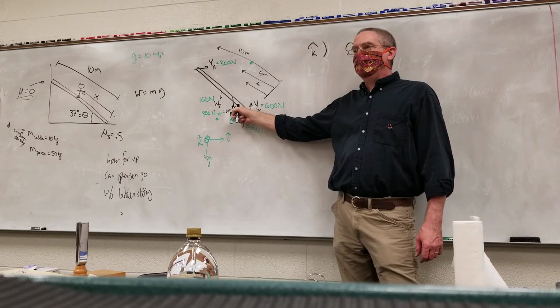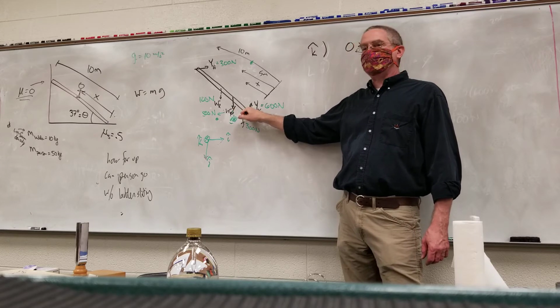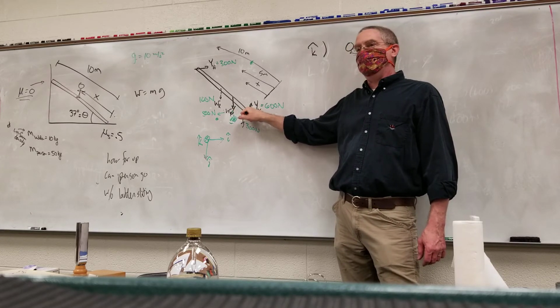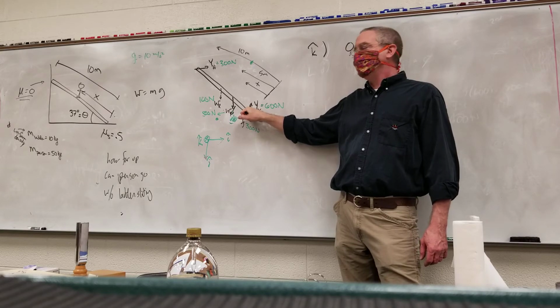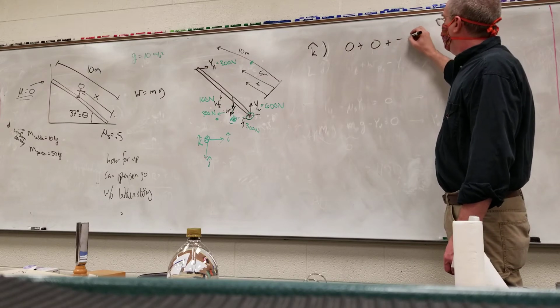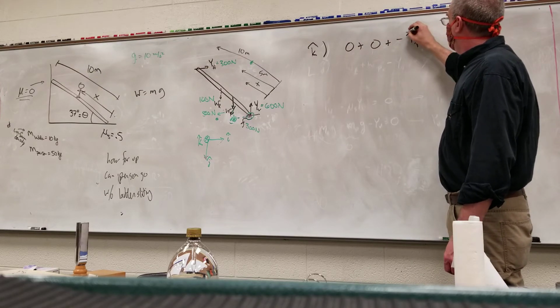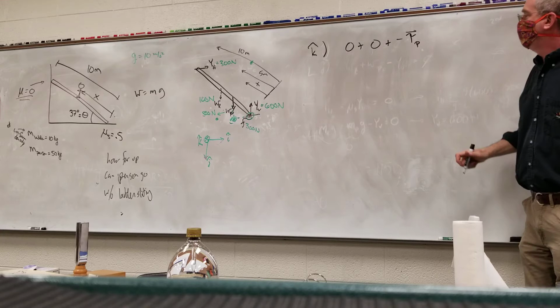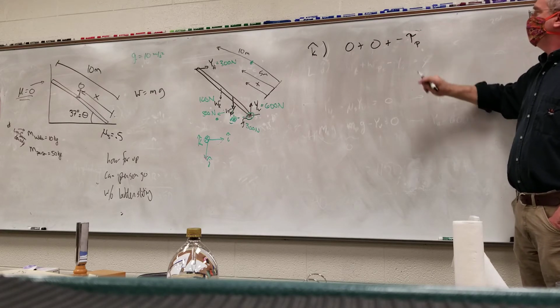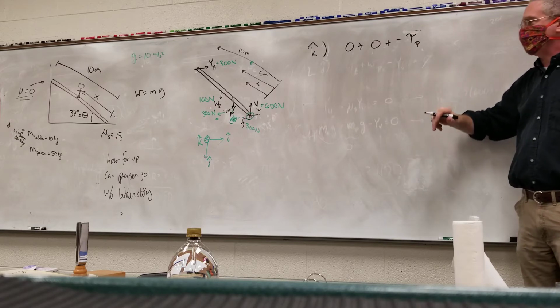W sub P. Again, picking this as my axis, is W sub P trying to rotate it positive k or negative k? Negative, because we said into the board was positive. So minus the torque from the person. Probably negative torque of person, I think that's more accurate.